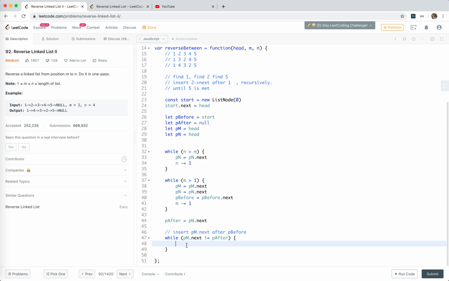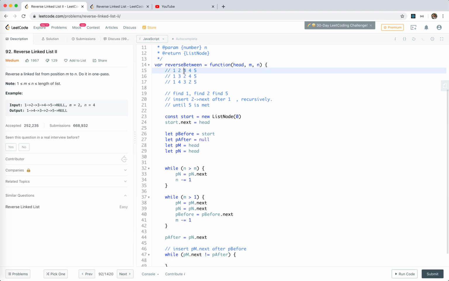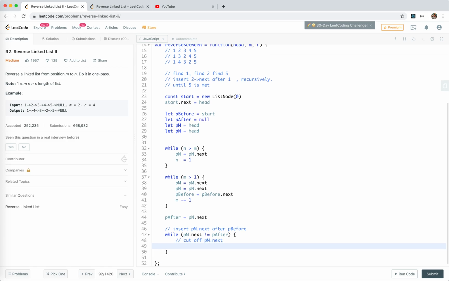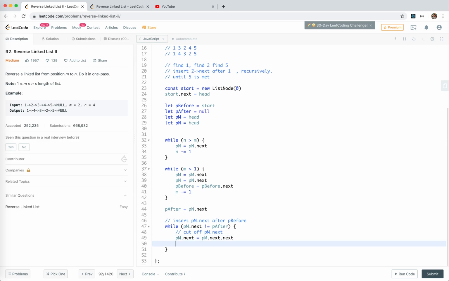We will cut the next first, cut off PM's next, which means PM next equals PM next dot next, right?